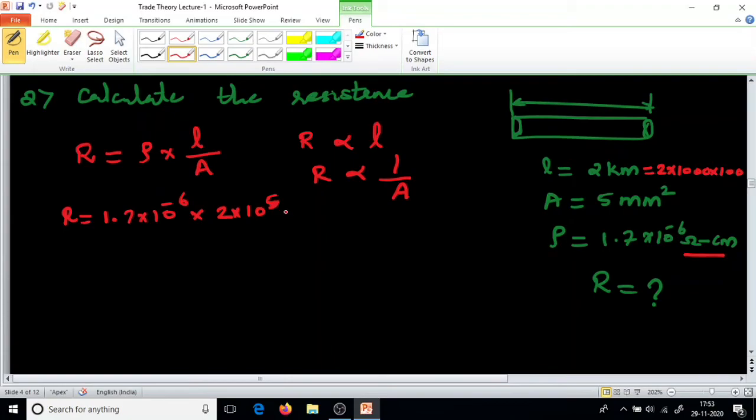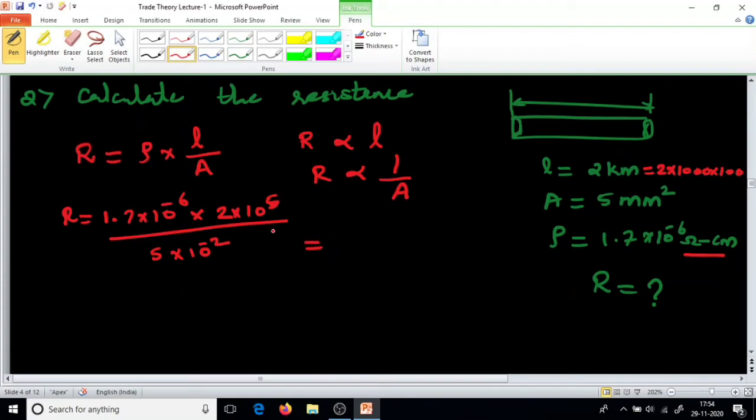Okay, so divided by what? What is the area? The area he has given us is 5 mm square. We want to convert it into centimeter square, so multiply it by 10 to the power minus 2. Now all units we have taken care of.